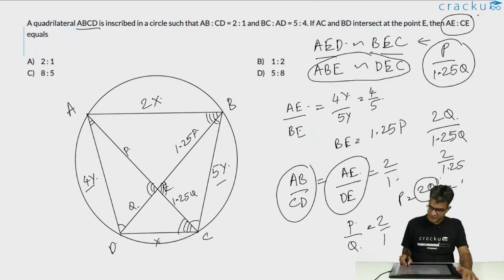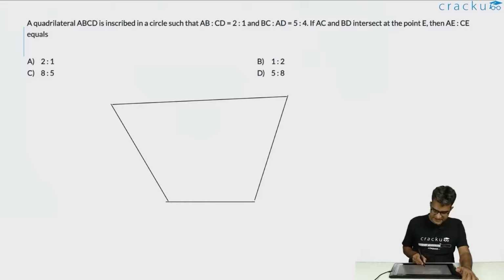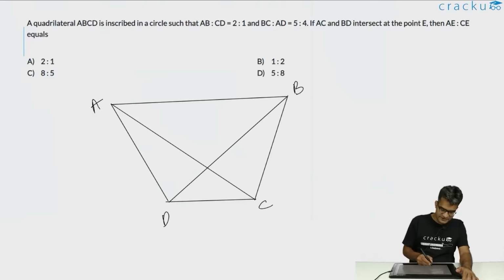Just to reiterate, if you draw a quadrilateral like this, this is ABCD, which is a cyclic quadrilateral. This is A, B, C, and D. We have the diagonals which intersect at a point E. This is E. First, because you know that this is 2x, this is x, this is 5y, this is 4y.